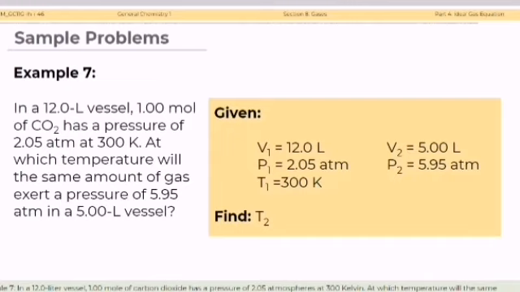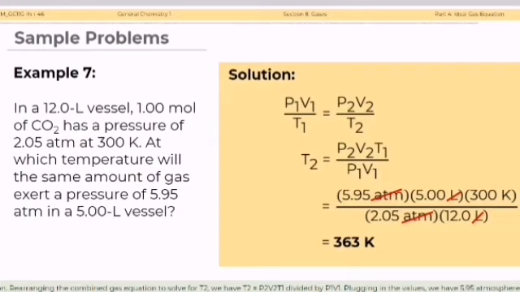Given data: our initial volume V1 is equal to 12 liters, final volume of 5 liters, initial pressure P1 is 2.05 atmosphere, final pressure P2 is equal to 5.95 atmospheres, and T1 is 300 Kelvin. What is asked is the final temperature or T2.